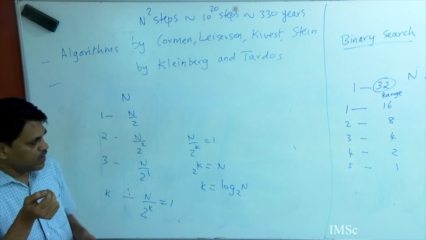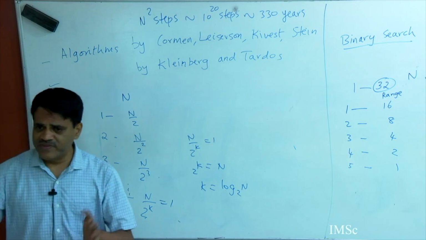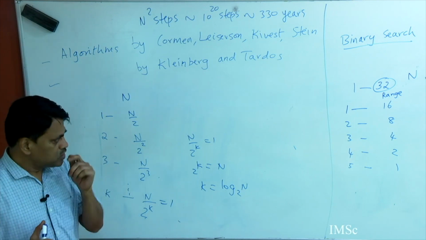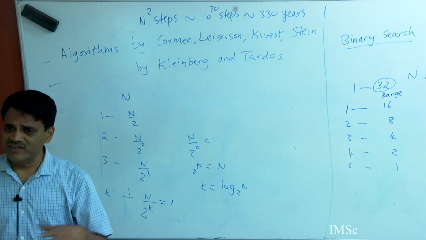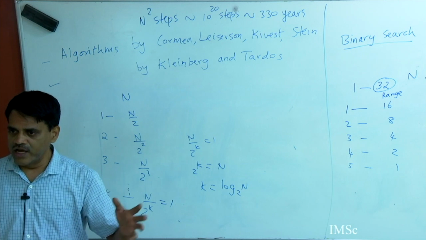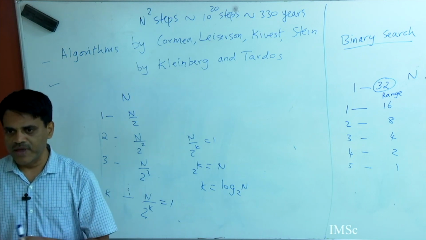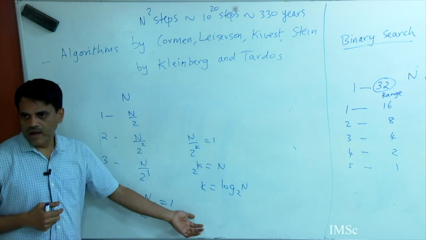That's log n. You're going to keep seeing log n in many places in algorithms as we go along. The usual trick to get this log n is that if you can reduce your problem size by a factor of 2 every time by making one step, then you are getting log n.